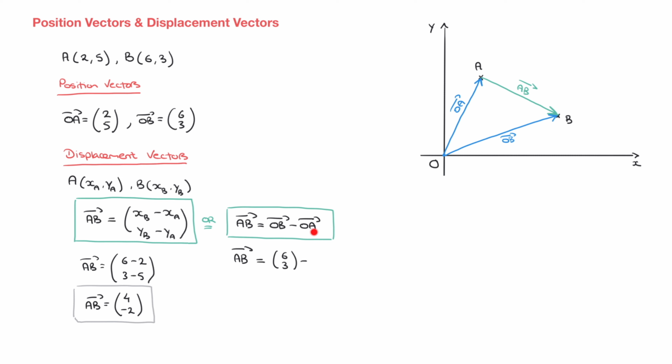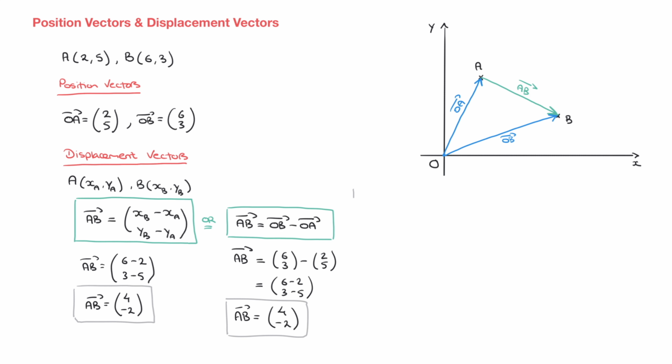Minus OA, which is 2, 5. So that's 2, 5. And of course that's equal to the vector whose x component is 6 minus 2 and whose y component is 3 minus 5, which quickly leads to the result: vector AB is equal to the vector with x component 6 minus 2, which is 4, and y component 3 minus 5, which is negative 2. There we go. And clearly, that's the same result as the one we found with our formula here.